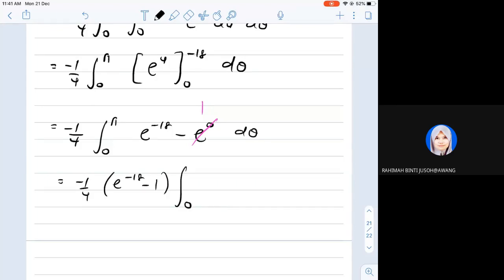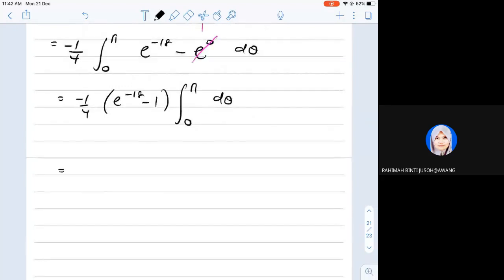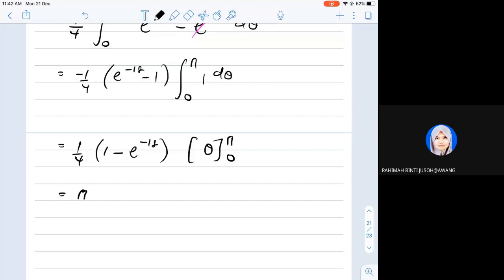So we just integrate 0 until pi d theta. So if I change, it becomes positive 1 over 4, 1 minus exponent negative 18. Integrate 1 with respect to theta, we get theta, of course. So substitute pi and 0. So we will have pi over 4, 1 minus exponent negative 18. Okay, so that's the answer.